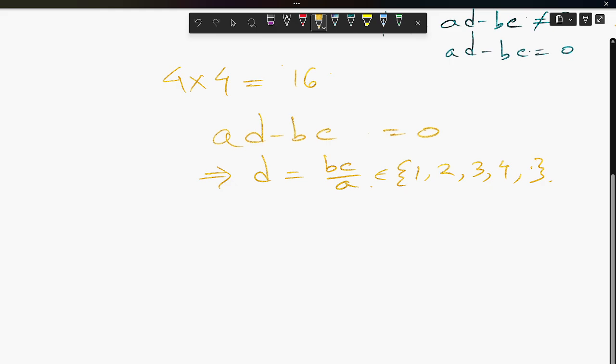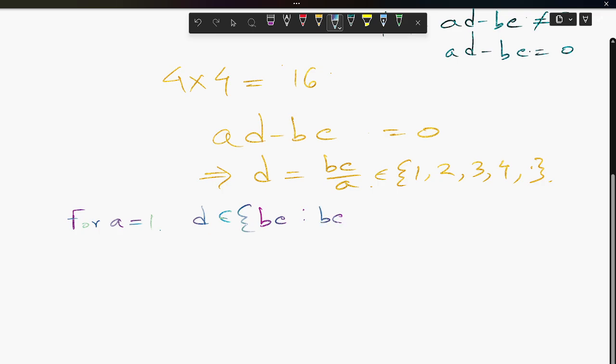Now for A equal to 1, let me write with another color. Yeah. So now let us take A equal to 1. Then D must be BC.